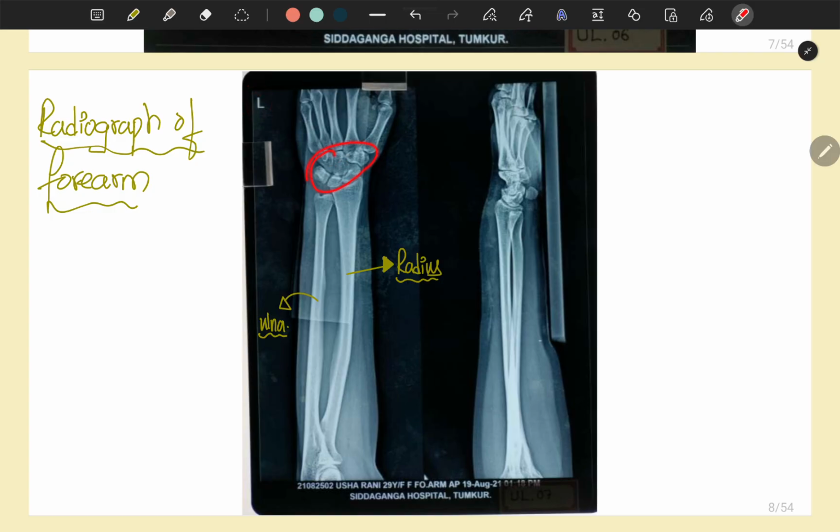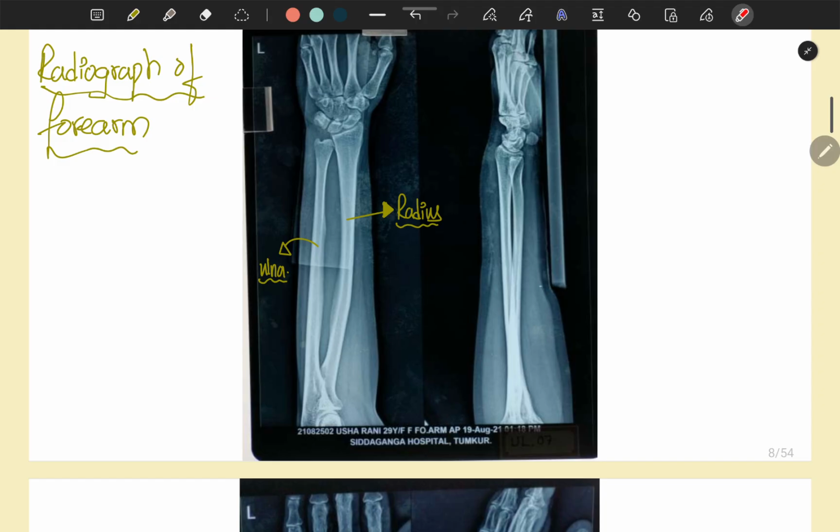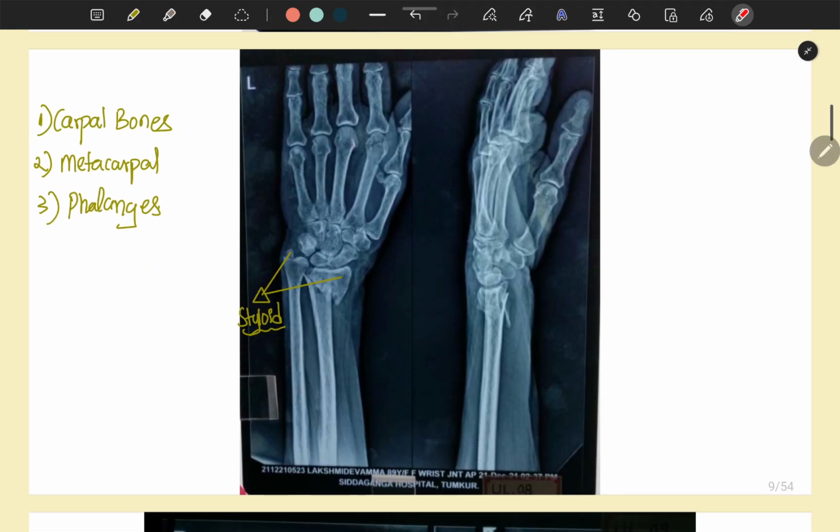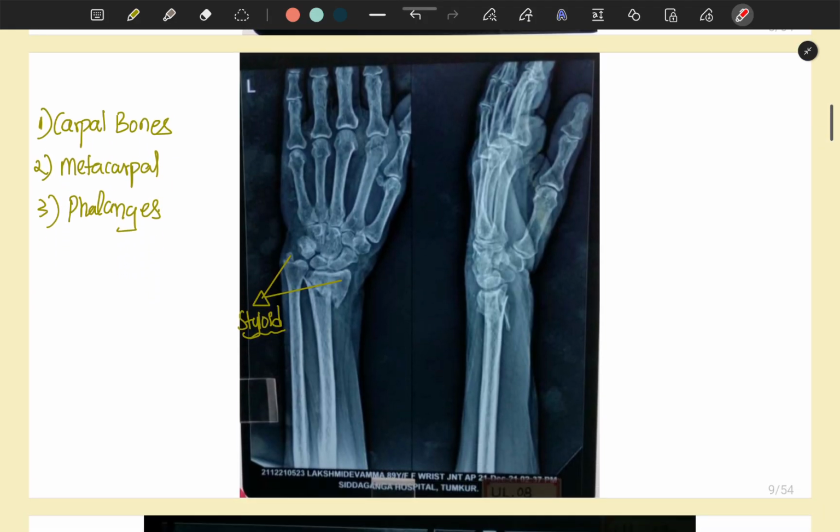These carpal bones can be seen clearly in the next X-ray here. So here you can see the styloid process of the radius and ulna, and here the carpal bones. You know the mnemonic: She looks too pretty.